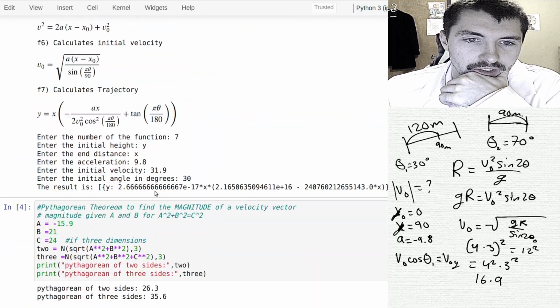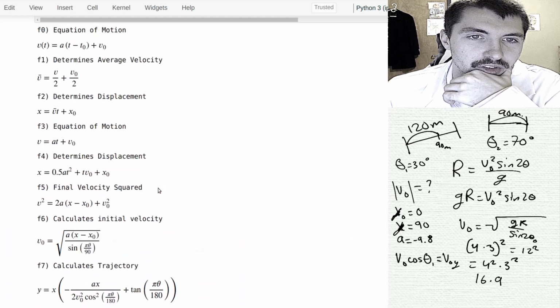So we are getting, we're getting solve for x.